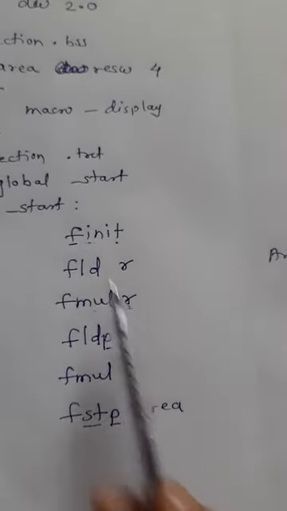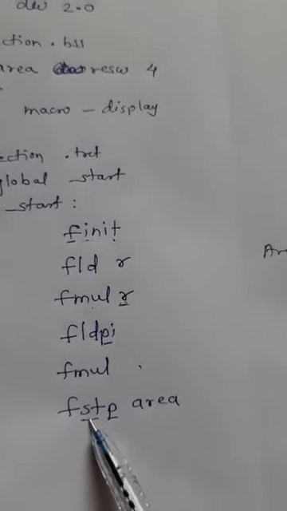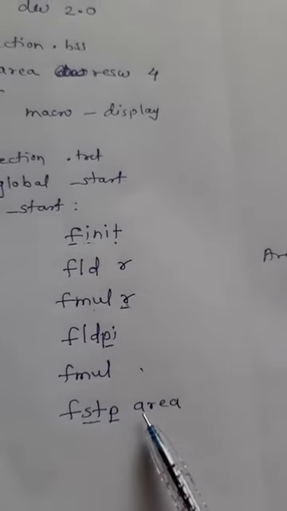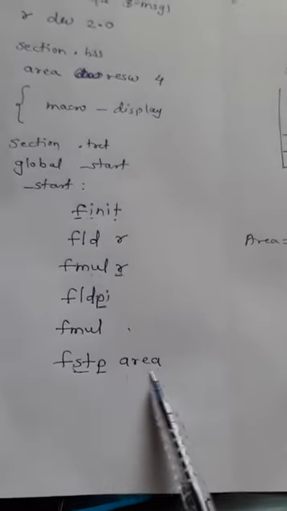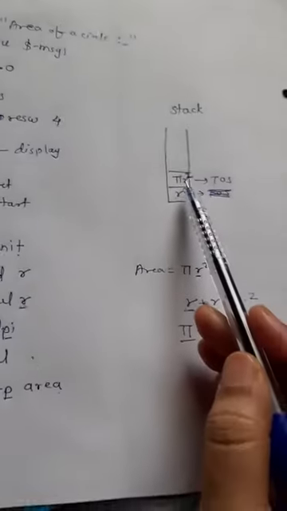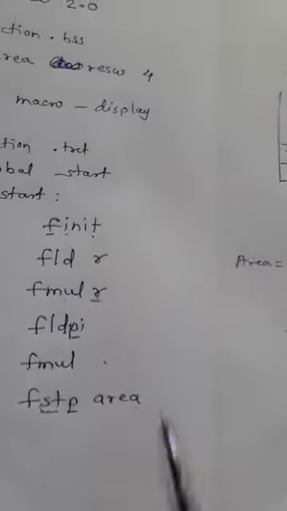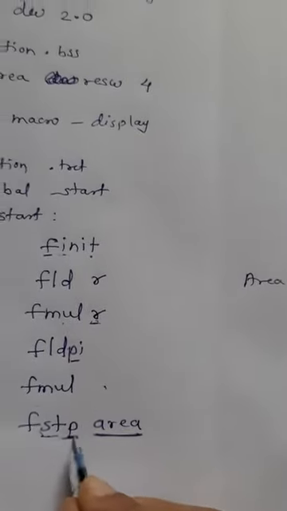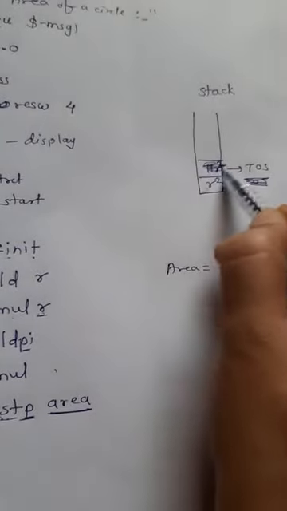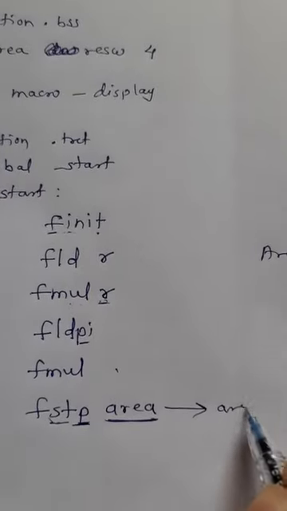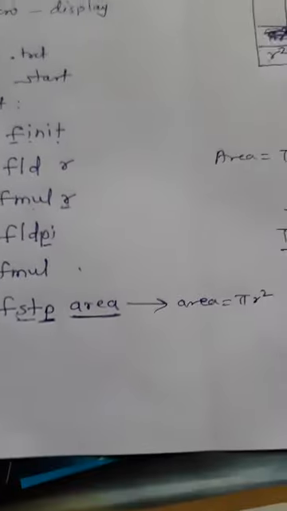We know that load and store are opposite instructions. So the store instruction will have a variable, which is called the destination. The store instruction will take the content of the top of stack out of it and store it into the given destination, that is the variable. So this instruction will take the content pi r square, load it into the variable area, and then pop it from the stack. So it will no longer be at the top of the stack. Now at this stage your area variable will have the value pi r square.